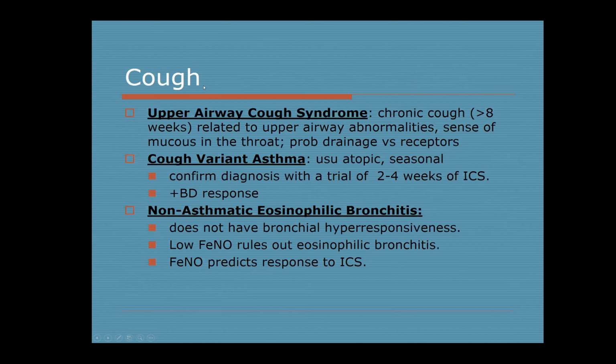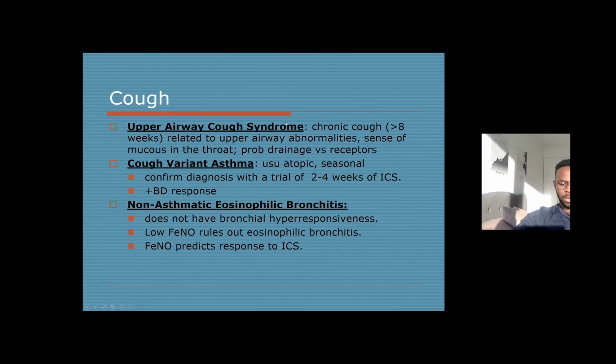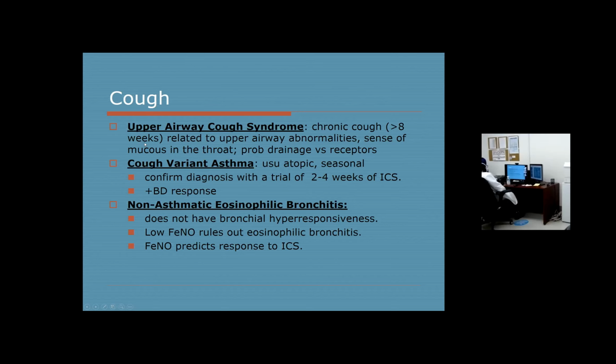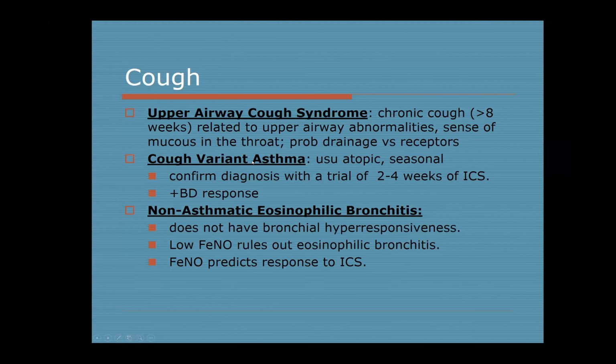Then we have patients with asthma who have cough, and some of our patients have upper airway cough syndrome, which is defined by 8 weeks of cough related to mucus in the throat. It may be postnasal drip, it may be GERD. We have cough variant asthma, and these patients are usually atopic, seasonal, so your IgE patients, and we confirm the diagnosis with a trial of inhaled corticosteroids, and these patients would be bronchodilator responsive.